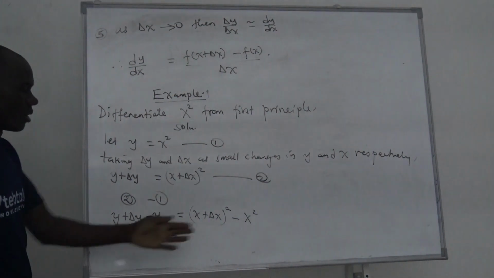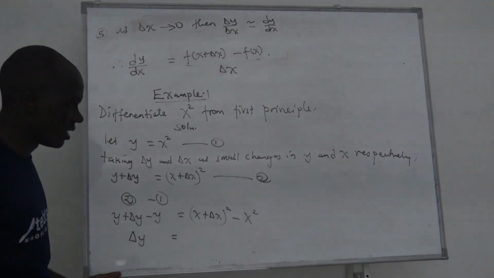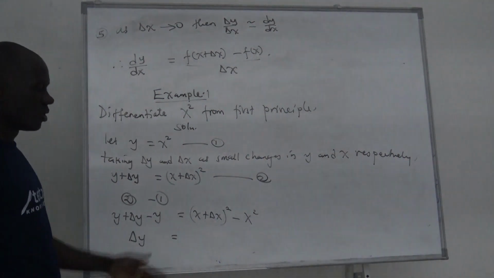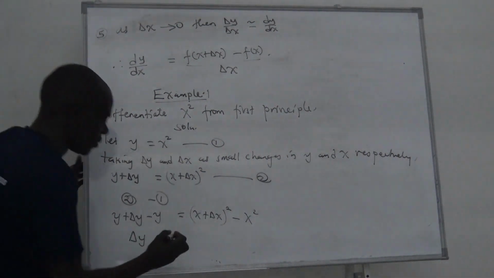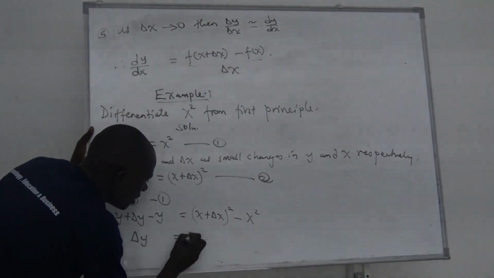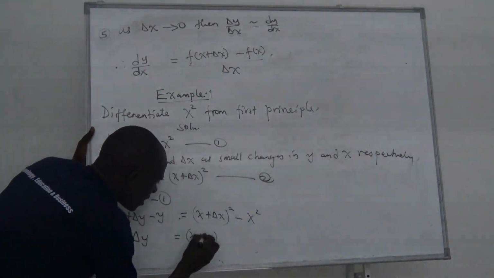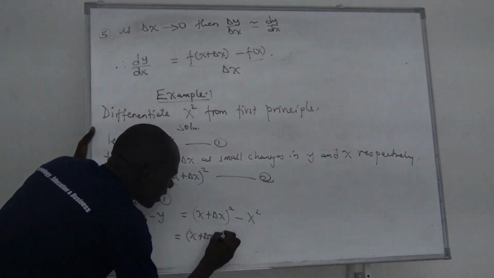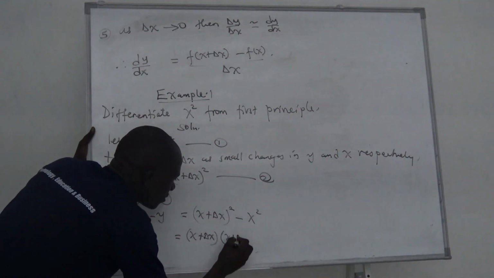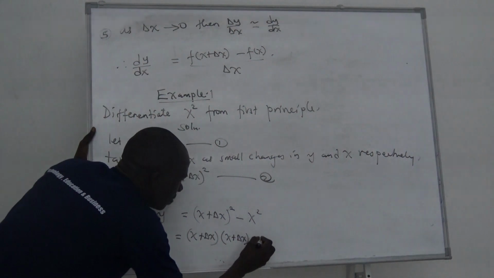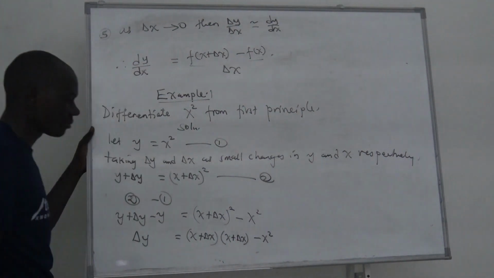Equals, you can expand this, it happens two times. It becomes x plus delta x the first time, again x plus delta x, then minus x squared.